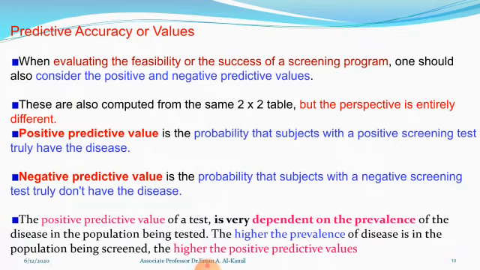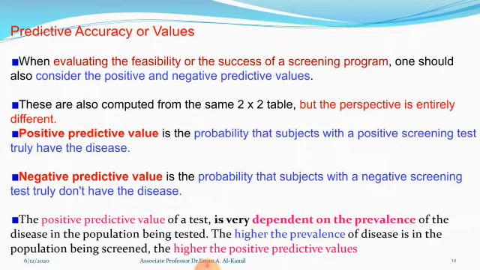That means we are going to calculate the predictive value from the rows. The negative predictive value is the probability that a subject with a negative screening test truly does not have the disease.